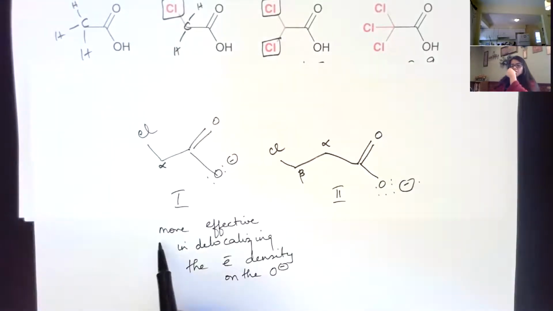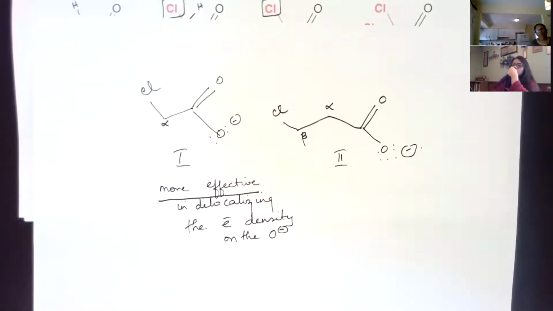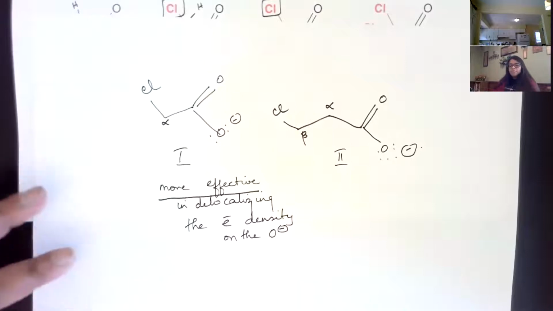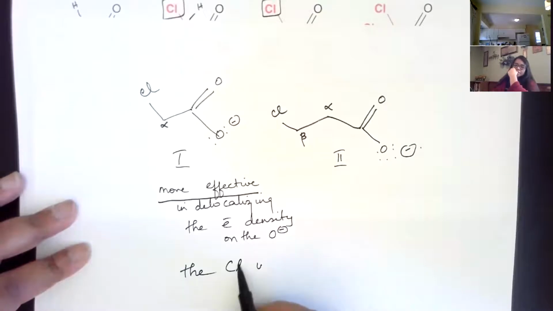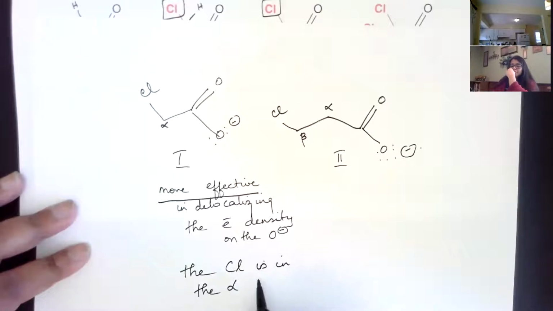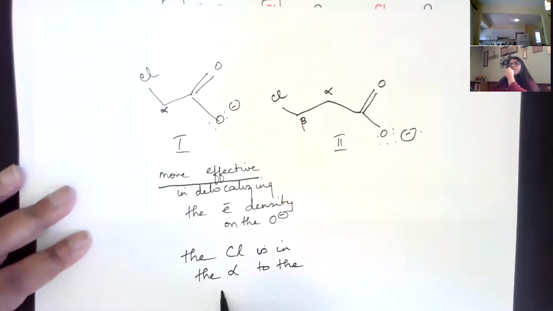So if this is more effective, why is it more effective? You can be more effective when you are, Jamie? Closer. Yeah. The Cl is in the alpha position to the carboxylate ion.